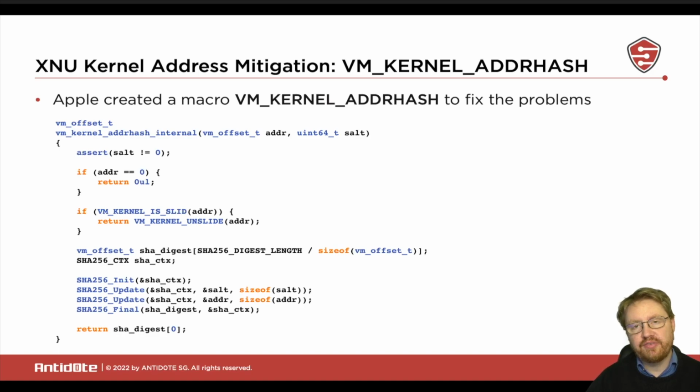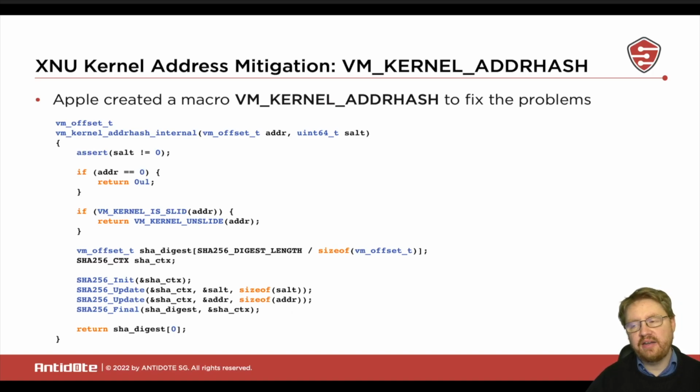And when you look at the function, you will see that it is initializing a SHA-256 cryptographic hash, and what it feeds into the hash is basically a salt. The salt is also a totally random 64-bit value, and it feeds in the address.